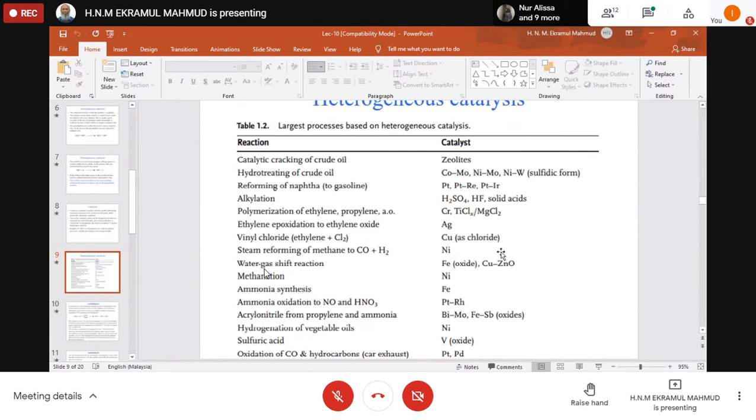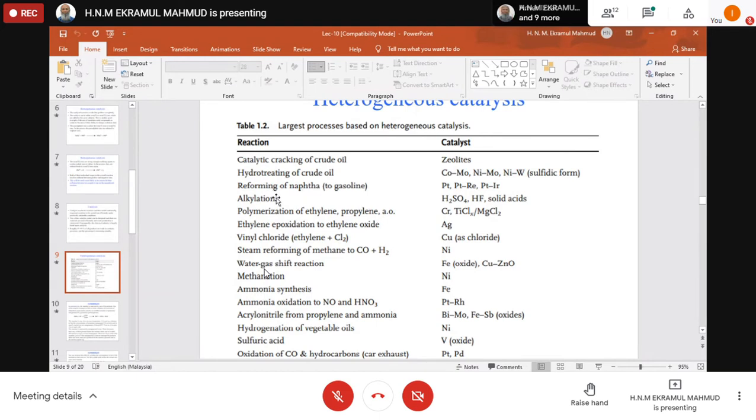What type of catalyst will you be using? Here it is zeolite for catalytic cracking of crude oil to produce small fractions of these long chain molecules. You have reforming of naphtha, that is the formation of cyclic compounds or getting other shapes of these.